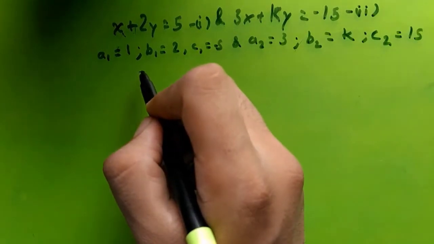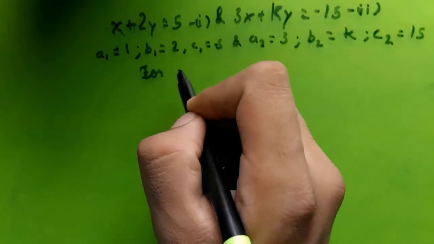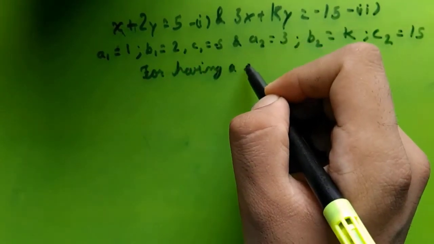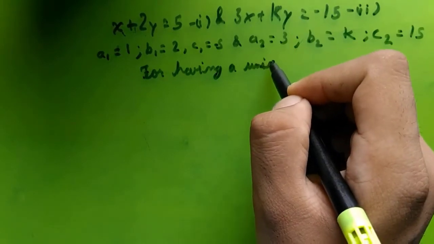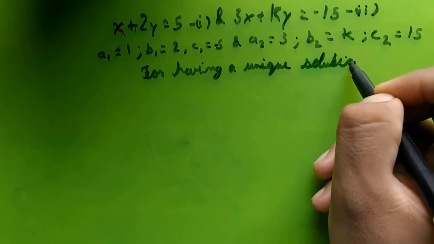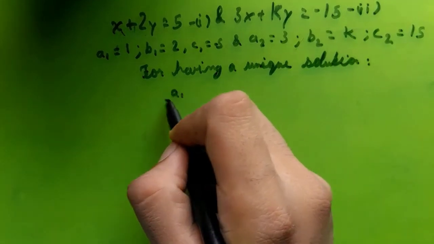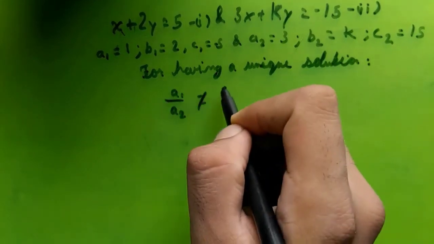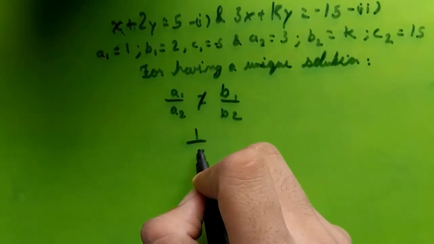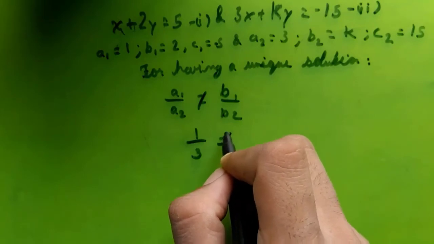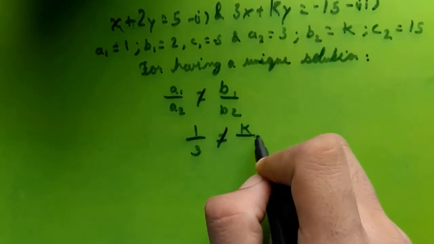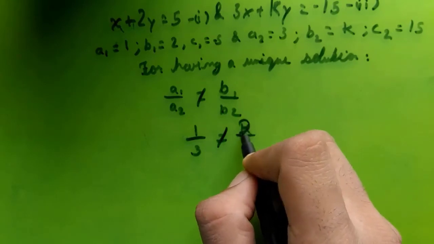Therefore, for having a unique solution, a1 upon a2 should not be equal to b1 upon b2. Therefore, 1 upon 3 will not be equal to 2 upon k.